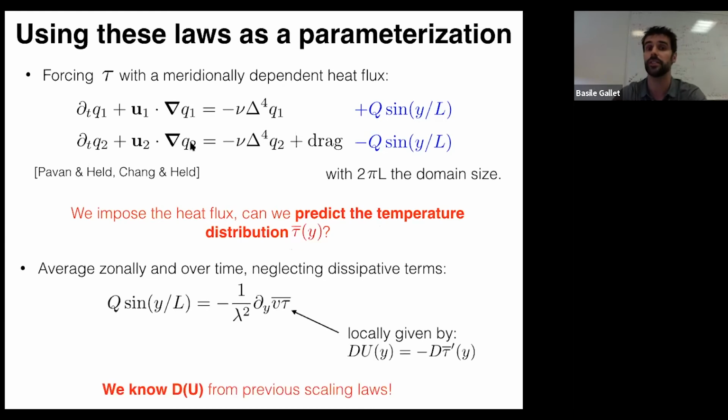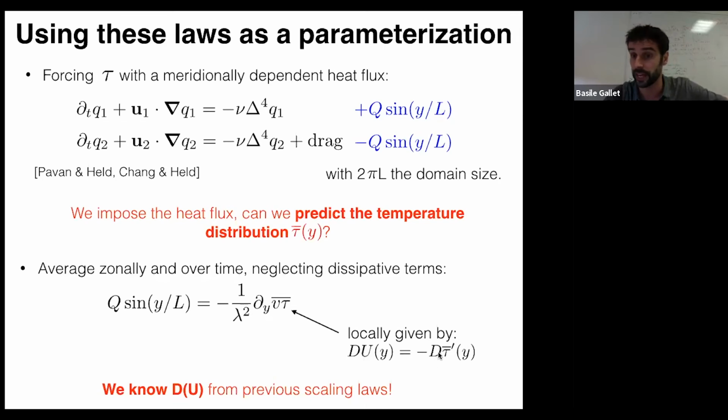If you average these two equations over time and in the zonal direction, you get that this imposed heat flux must be transported by the turbulent heat flux, this v times tau. But v times tau locally, we know, due to the homogeneous model, is the diffusivity times the local temperature gradient in the meridional direction, where the prime is a derivative here.